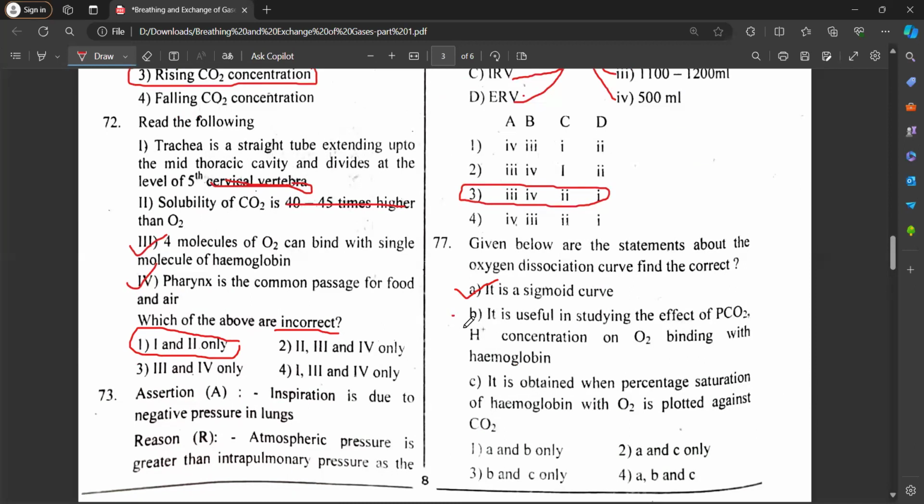Yes, it is also correct. It is obtained when percentage saturation of hemoglobin with oxygen is plotted against carbon dioxide. No, this is a wrong statement. Therefore, what did he ask? Find the correct. So A and B are the correct ones. Clear?